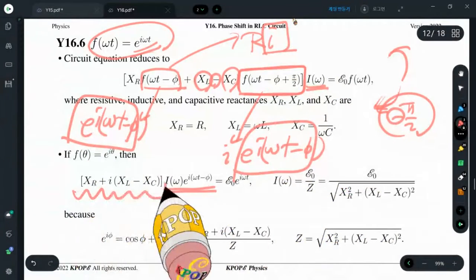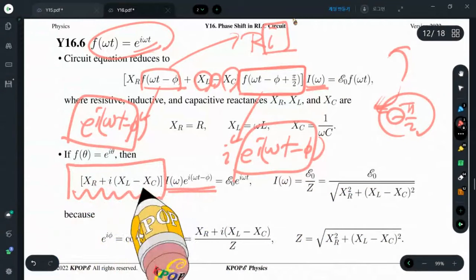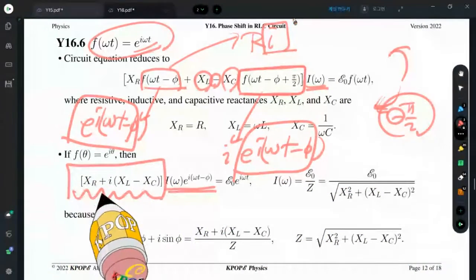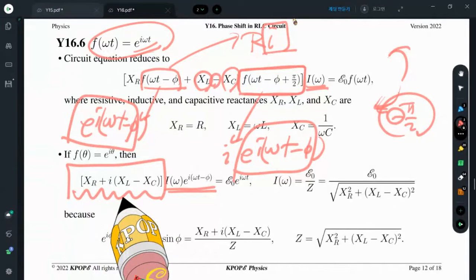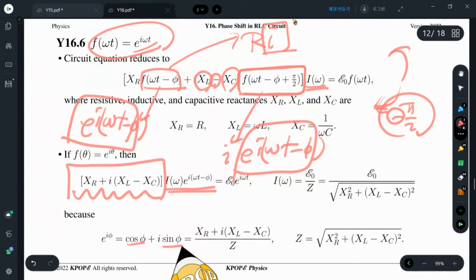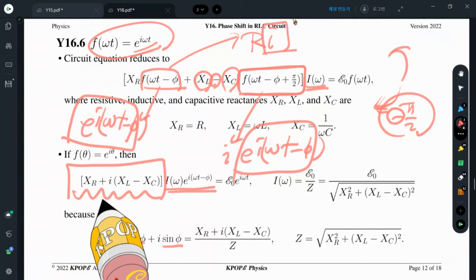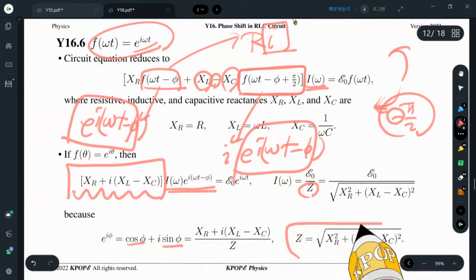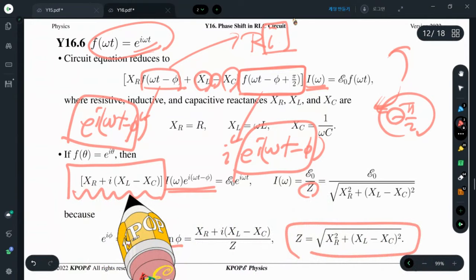In that case, what we are left with as an overall factor is this complex impedance. And from this complex impedance, we can read off the phase for the current. And we can read the impedance, Z, that is the absolute value of this complex number.